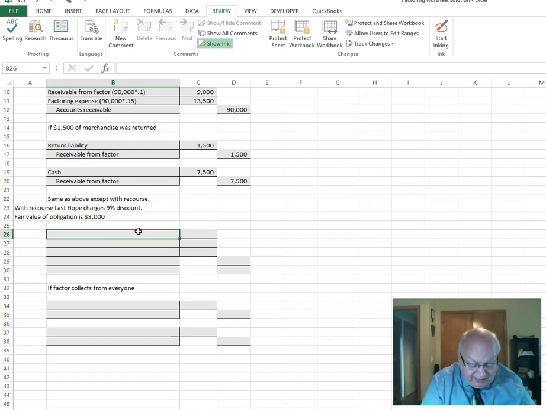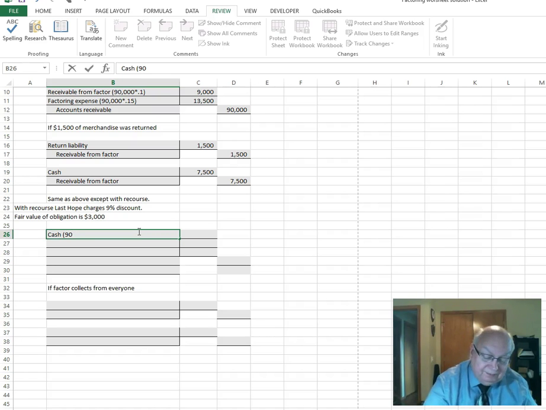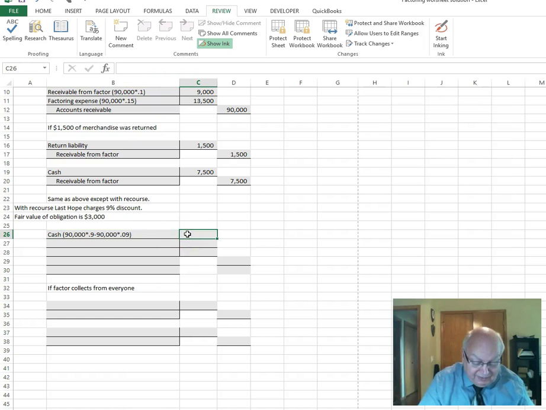Okay, so what we have on this one then would be cash, again, of $90,000 times 0.9, because they keep that for the same reason, minus $90,000 times 0.09, because the discount rate now is 9%.